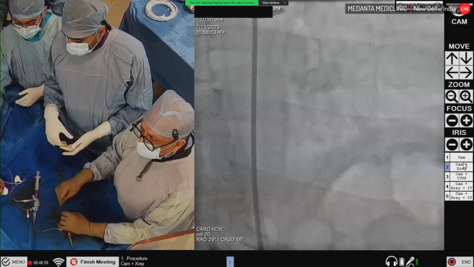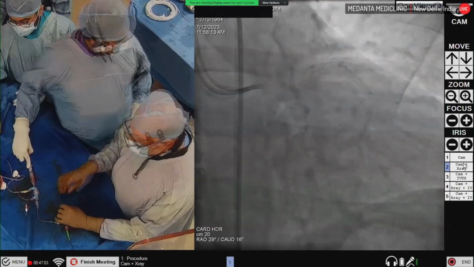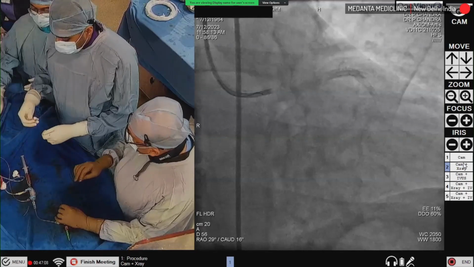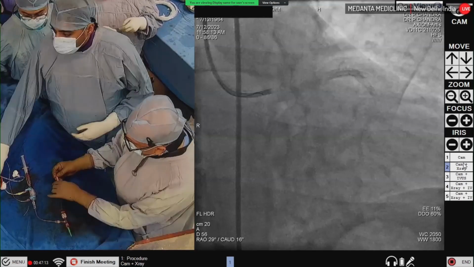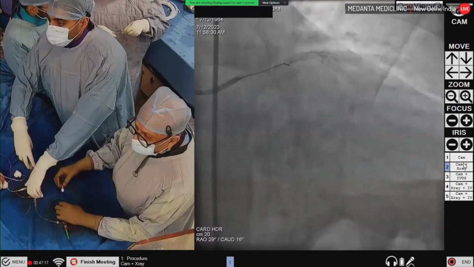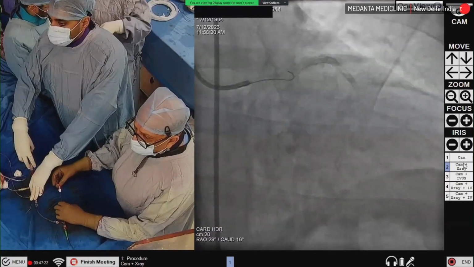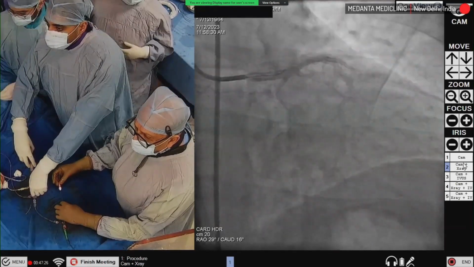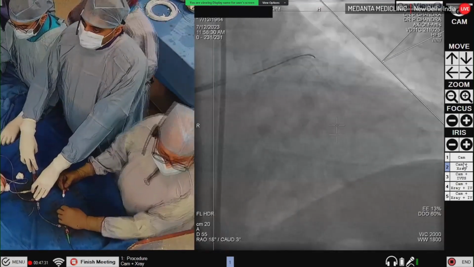So I'm taking a BMW again, the same wire which has been used earlier. Give me this thing. 2 balloon ready. Check. Okay, come. Epicranial, please.